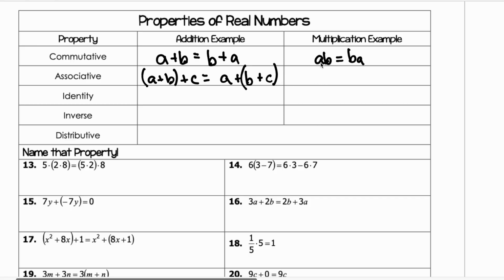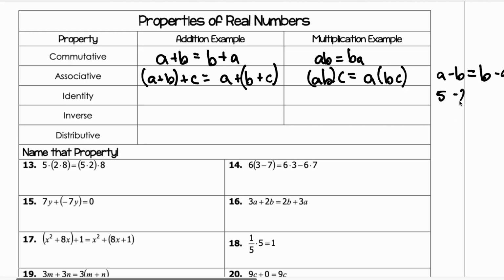The same thing goes for multiplication, where if we have A times B in parentheses times C, it would be the same thing as A times B and C in parentheses. Because multiplication and addition don't have the special rules, such as subtraction, right? If I have A minus B, it's not going to be the same thing if I do B minus A. We understand that.